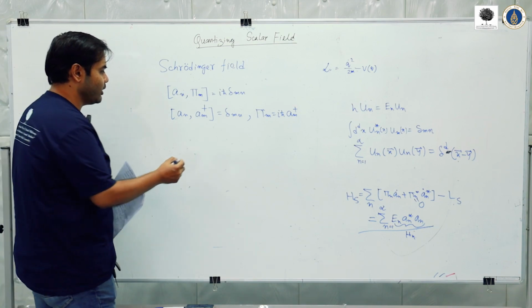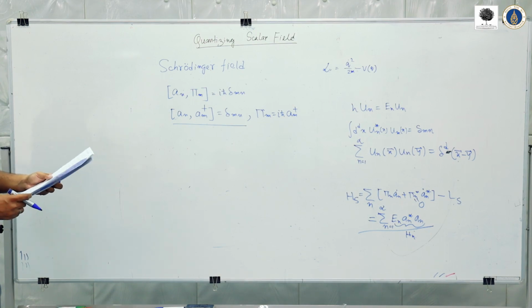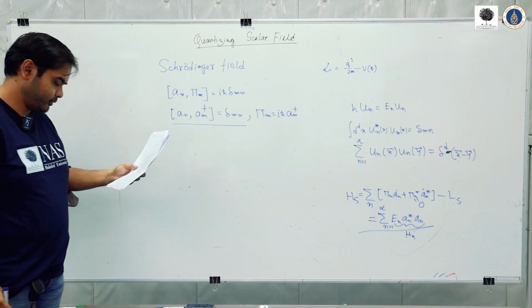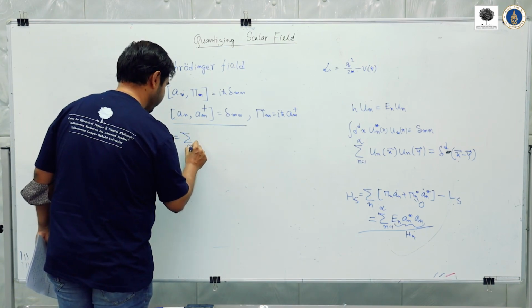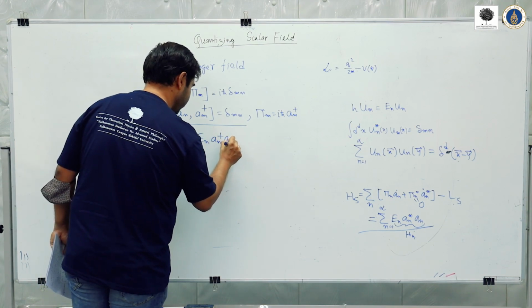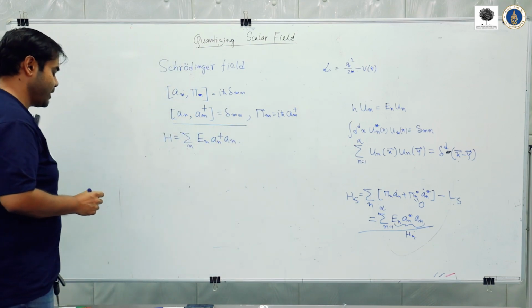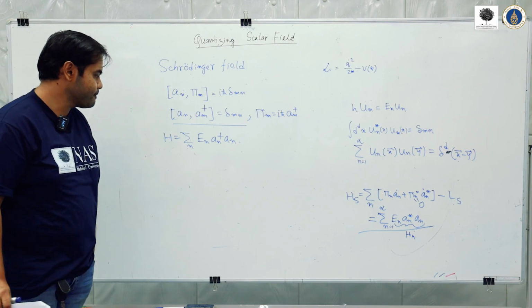So this is our operational commutator now, and from here you can see the Hamiltonian I can write down as this. Okay, now I would say the second quantization is complete.